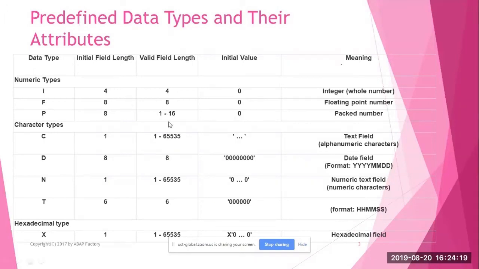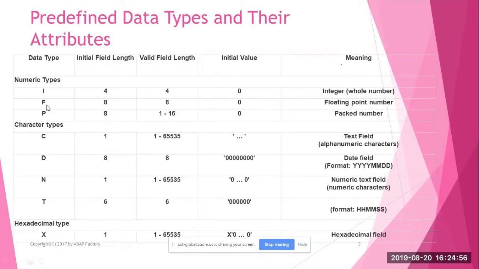Whatever space is available, that much integer value you can store in that variable. Okay, and the maximum length is also 4 only. We cannot increase or decrease this length. This is standard. And the initial value: as soon as you define an integer variable, what value will it contain? It will contain 0.